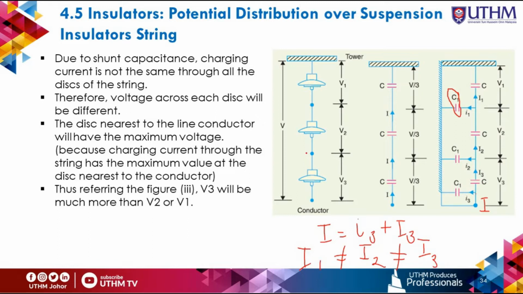Therefore, the voltage across each disc will also be different: V1 is not the same as V2, and not the same as V3. The disc nearest to the line conductor, V3, will have the maximum voltage.